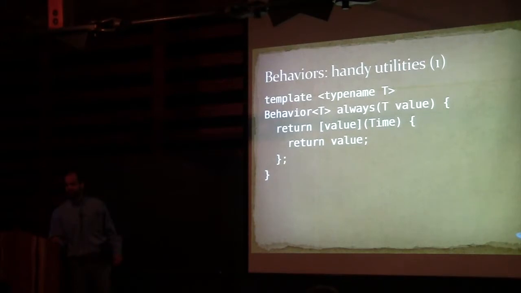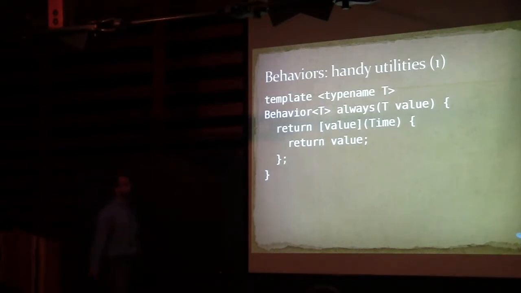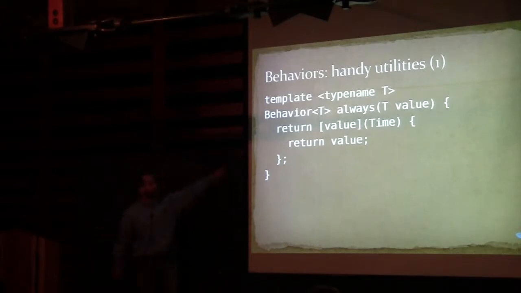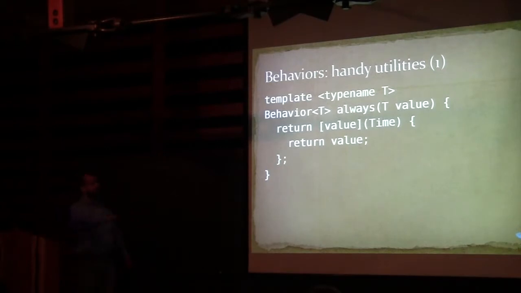So the comment is it's like a monad. In the sense that we take a normal value and we shove it in the thing, this is that function, right? And we call it always because it means that for any time t, it's always going to be this particular value.